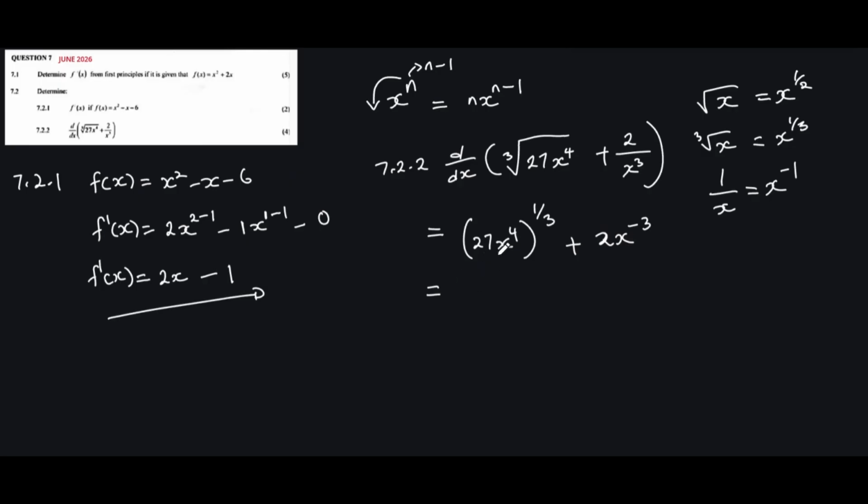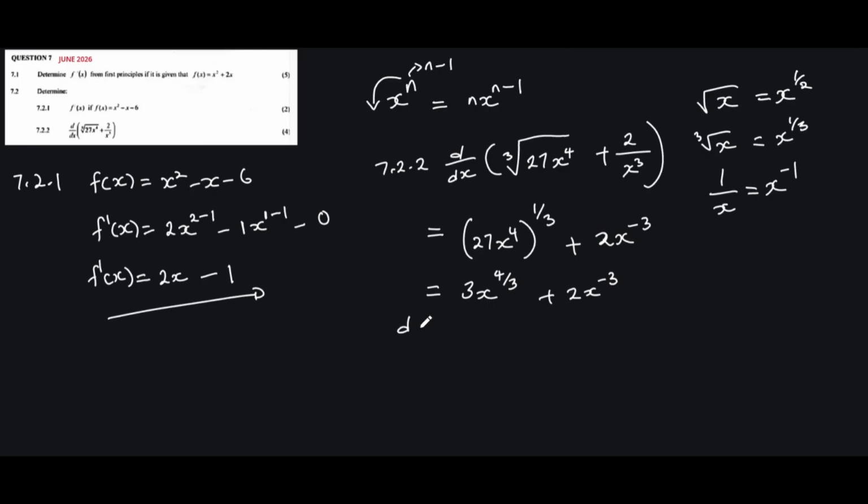So 27 to the power 1 over 3 gives you 3, and then you'll have 4 times 1 over 3, which is going to give you 4 over 3, and then plus 2x to the power minus 3. Therefore, now when it's like this, you can see that you don't have any x inside the square root, and you don't have any x in the denominator. Therefore, you can start differentiating.